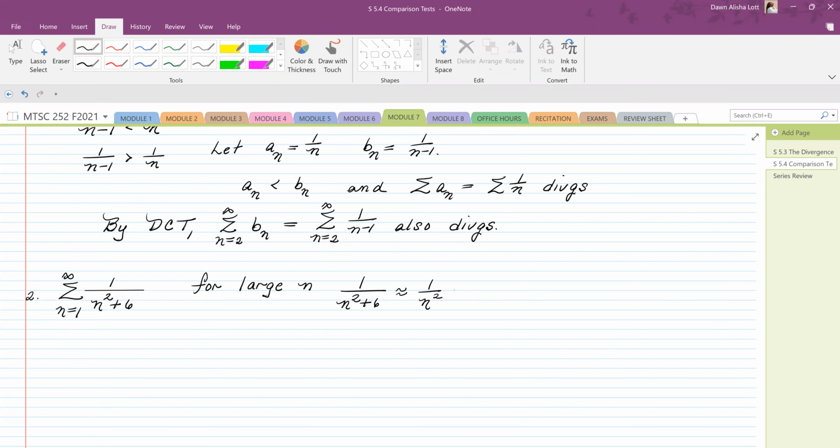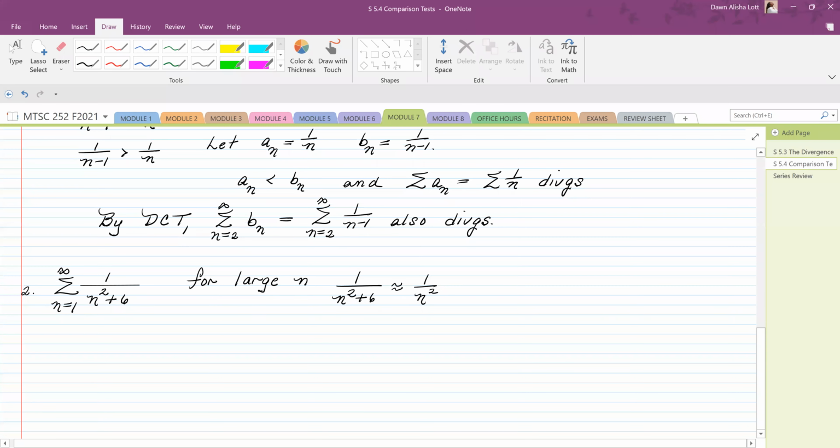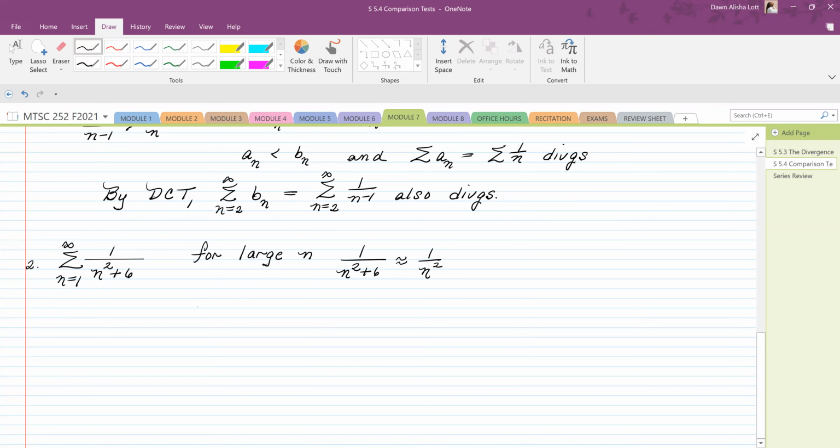Again, my thought process: the summation n equals 1 to infinity of 1 over n squared converges by the p-series test. Here p is equal to 2, which is greater than 1.